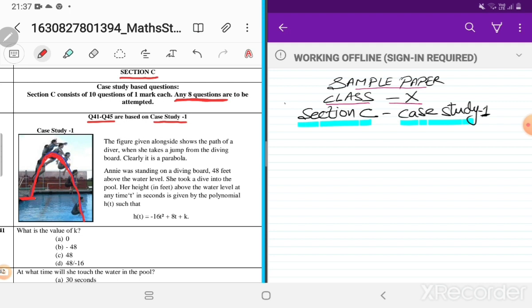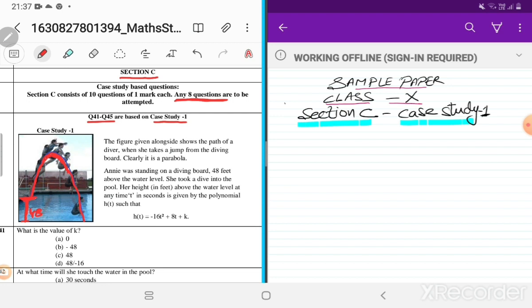Annie was standing on this diving board, which is 48 feet above the water level. So this height is given, that is 48 feet, from here to here.